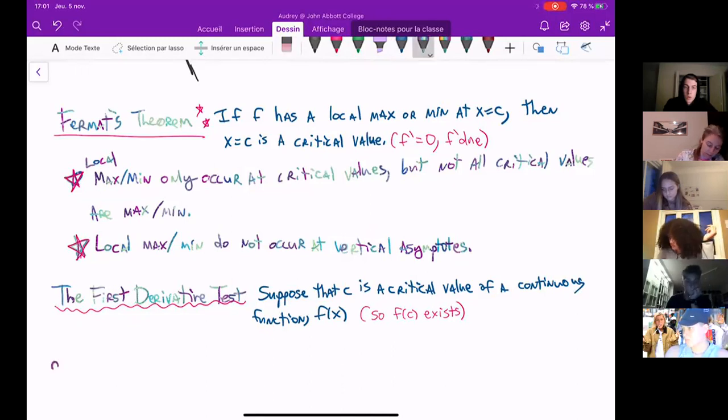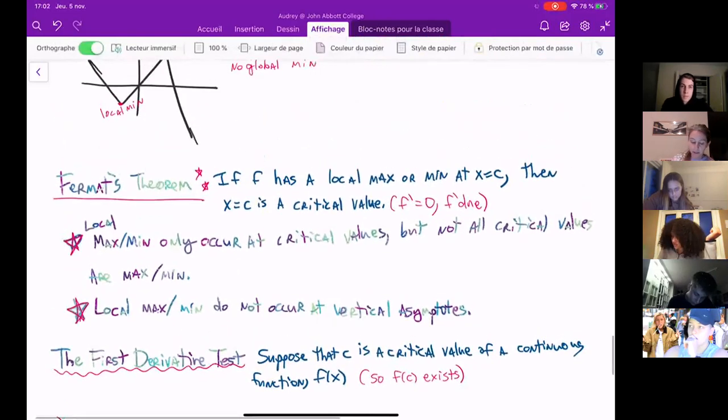And if we look at this graph, we can kind of make sense of this.